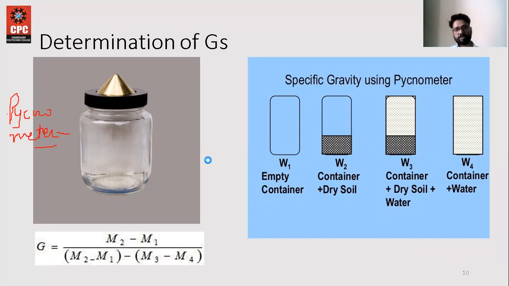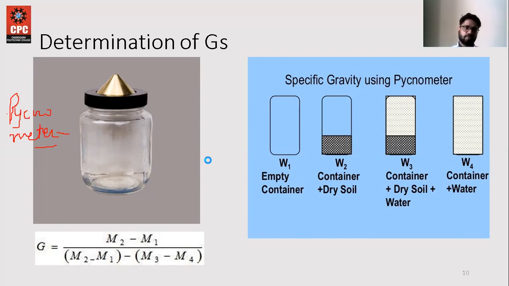It can be used for both types of soil, whether they are fine grained soil or coarse grained soil. The determination of specific gravity of soil will help in the calculation of other physical properties like void ratio. You can also determine the degree of saturation and other different soil properties.